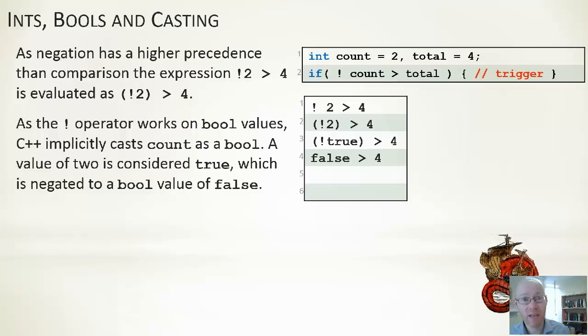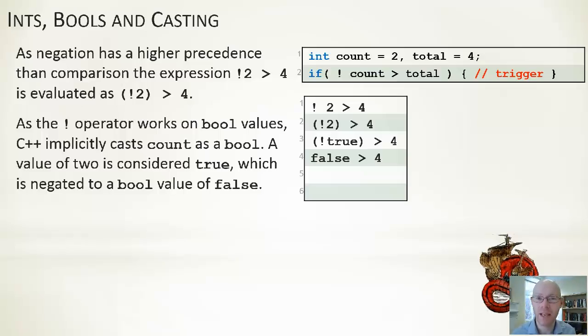So we end up with a statement that false is greater than 4. We can't really do that, because the comparison really needs two numerical values, not a Boolean value of false and a 4. But we can take a Boolean value and convert it into an integer. We know that if it's false, it's 0. If it's anything else, true, it gets turned into a 1.